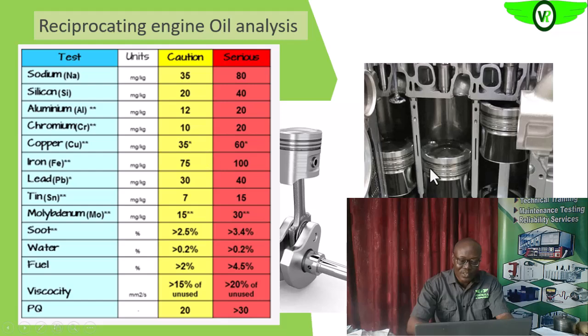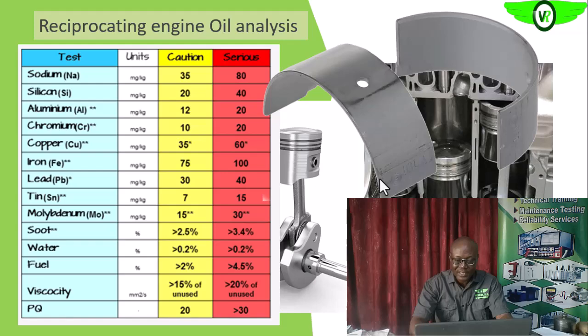So all of these, as we have discussed earlier, will give us an idea not only that the oil is getting contaminated or the chemistry is deteriorating, but also the parts of the equipment that are wearing out.